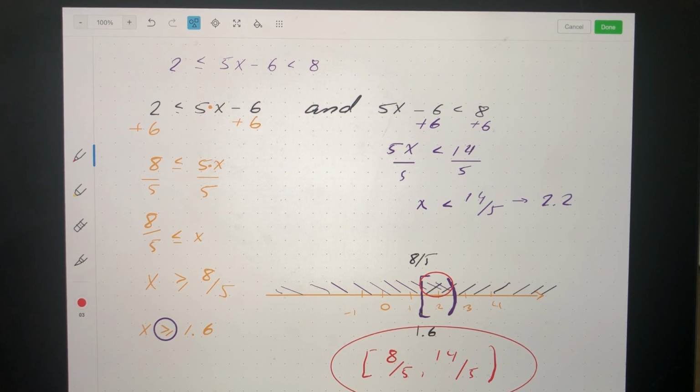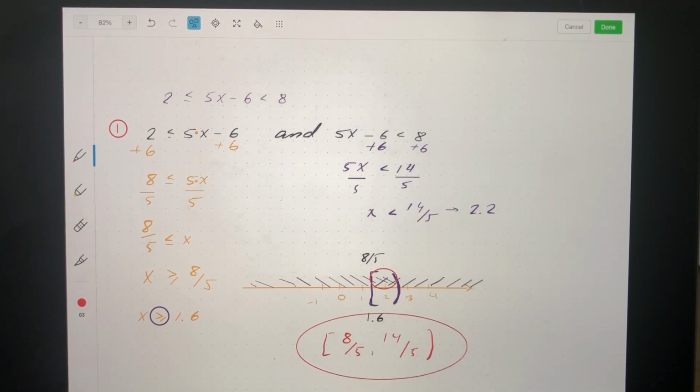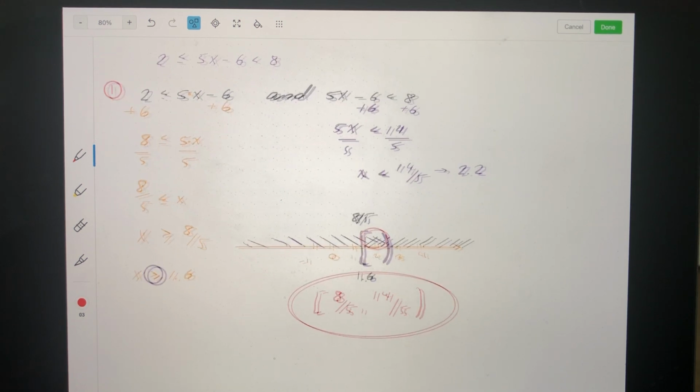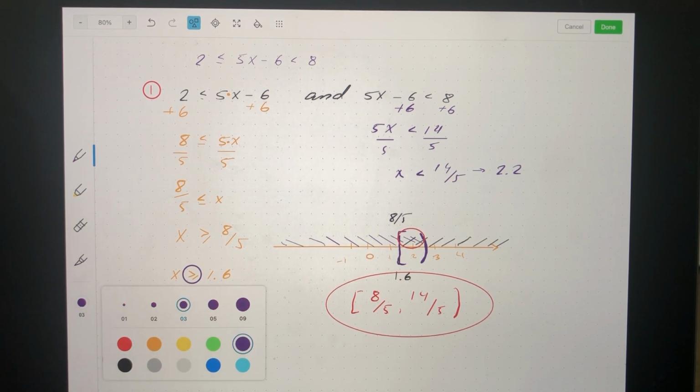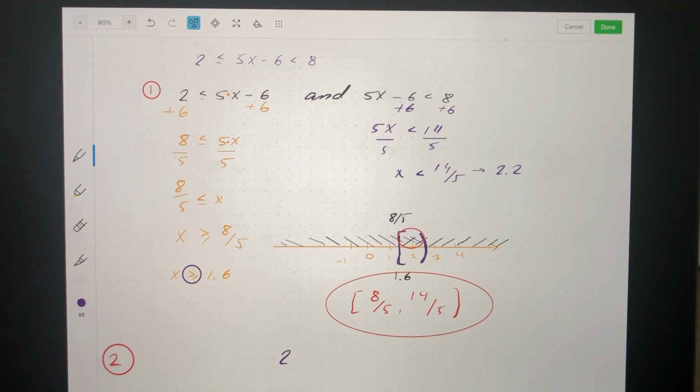So this is the answer to our inequality, and that's the first method: split up the inequality into 2. The second method is to not split it up and actually solve it as 1. So choice number 2 is to solve it as is. If we look at it in its entirety, just the way it's written, then we actually have 3 sides, not 2. 1 side, 2 sides, 3 sides.